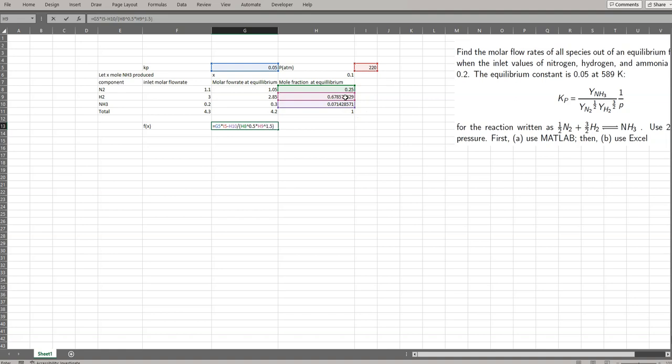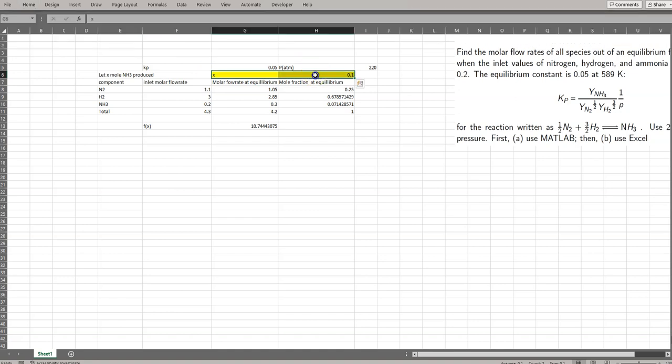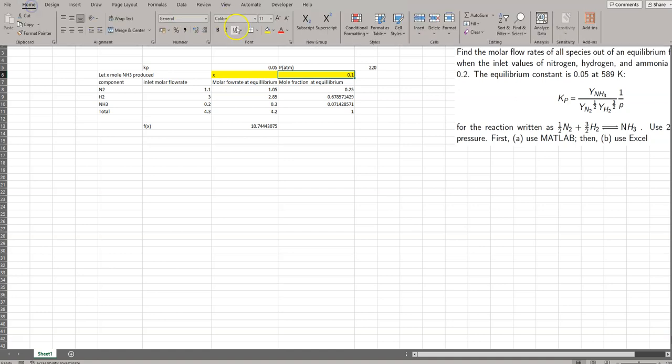If we do that, we'll get the f(x) value. Now we are taking the X guess value, and based on that we got the f(x) value.